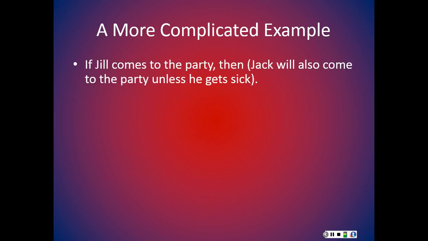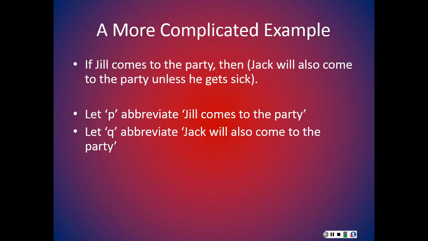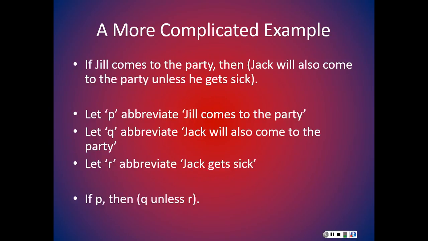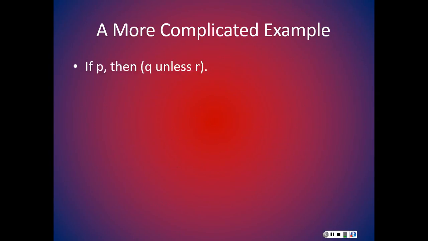So that is, let P abbreviate Jill comes to the party, let Q abbreviate Jack will also come to the party, and let R abbreviate Jack gets sick. Okay, if we replace all those sub-sentences with those propositional variables, we get if P, then Q unless R.